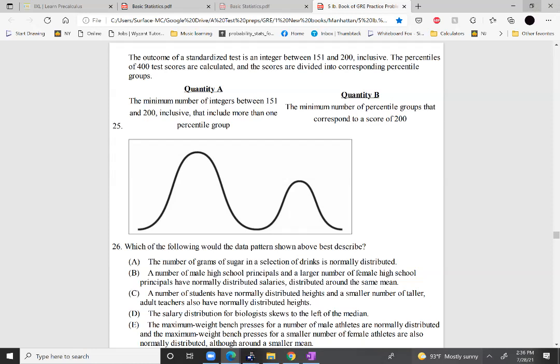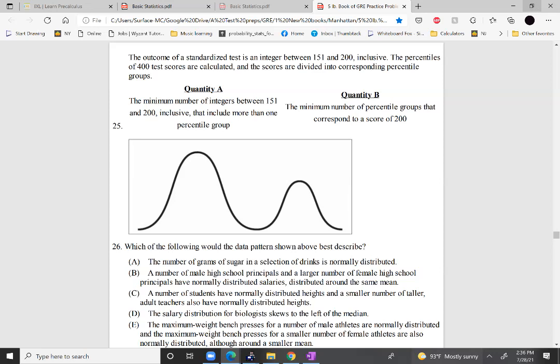I don't understand. I don't get this at all. How do we determine the number of percentile groups? I mean, part B, is that even possible?